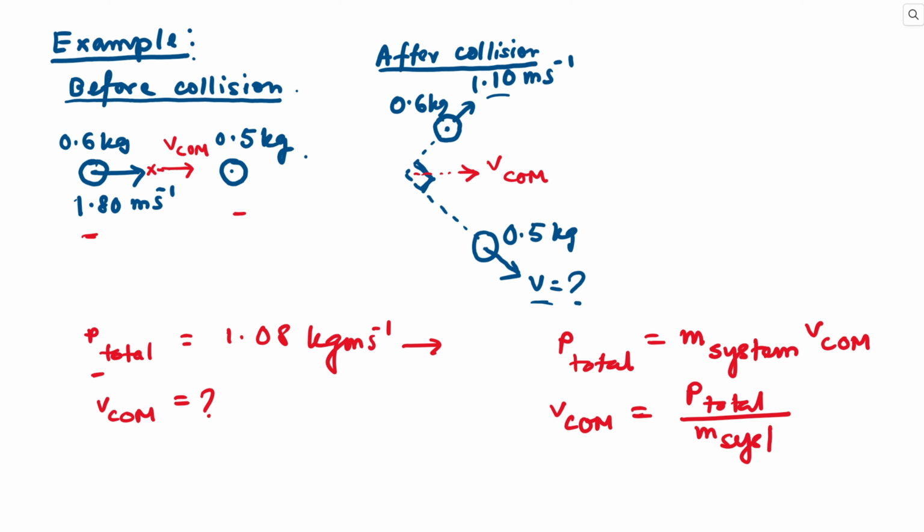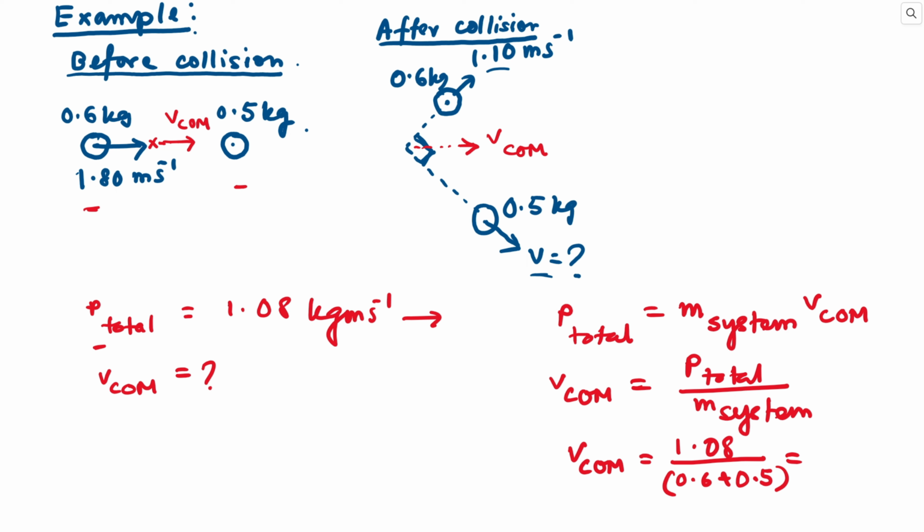And because neither of these two is changing during the collision, the velocity of the center of mass will also not change. So we can use the total momentum, which is 1.08, and the total mass of the system, which is 0.6 plus 0.5, which is 1.1 kg.